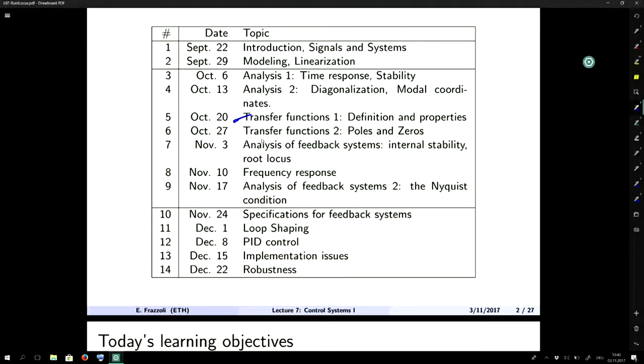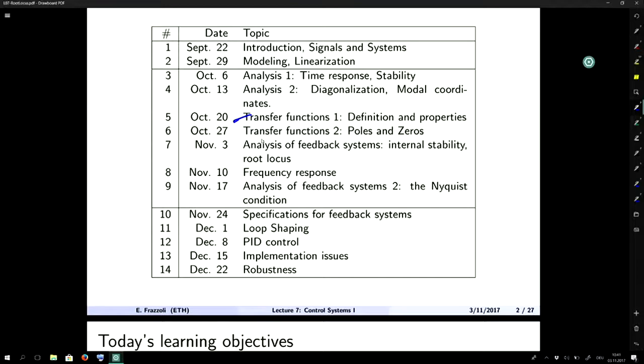Now we have a system, we can model it, we know how it works. Chances are that it will not work in a way that you like. Maybe it is unstable, maybe it is too slow, or maybe it oscillates too much. So now we want to understand how to change the behavior of this system by using feedback. This is exactly what we start doing today.